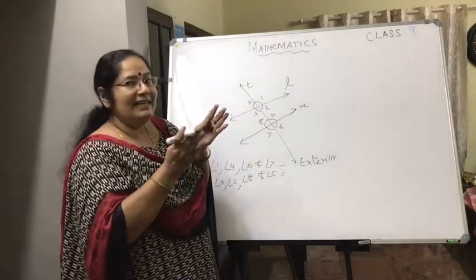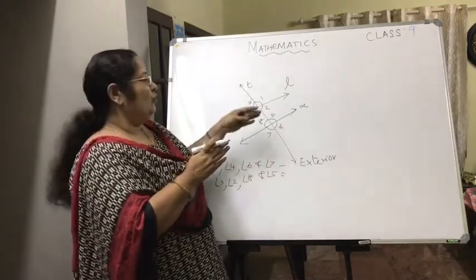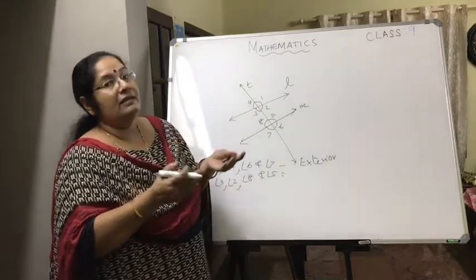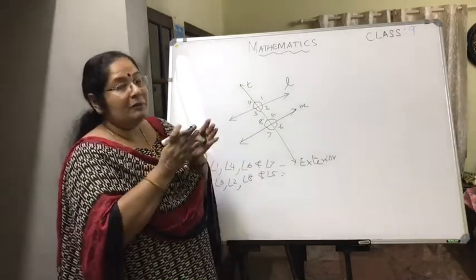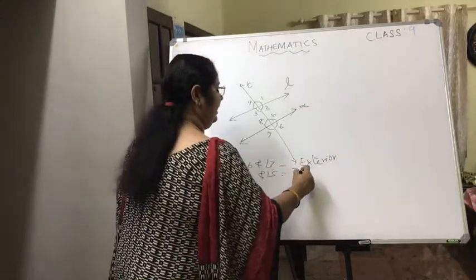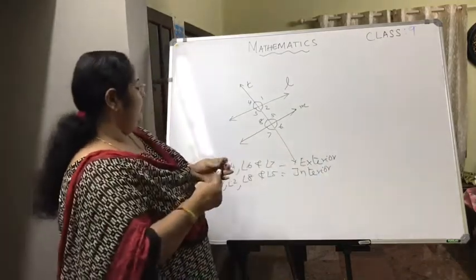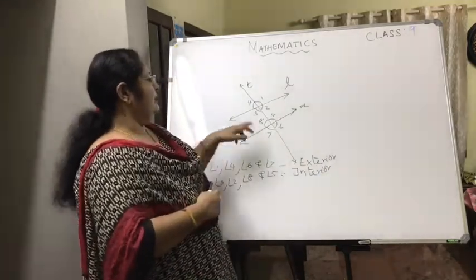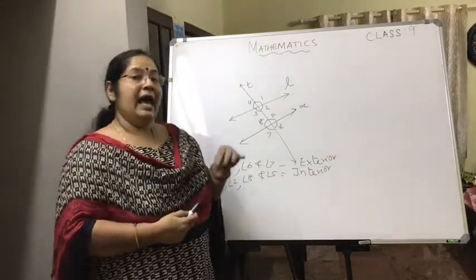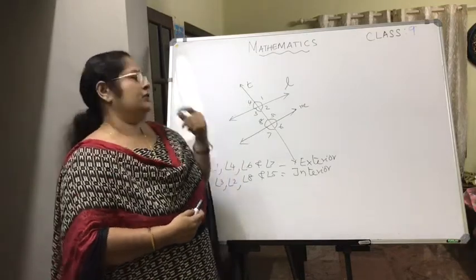They are placed inside the lines L and M. So if the ones placed outside are called exterior, the ones placed inside are called interior angles. So we have 4 exterior angles and 4 interior angles. Now we will be learning about angle pairs. There are different angle pairs also.